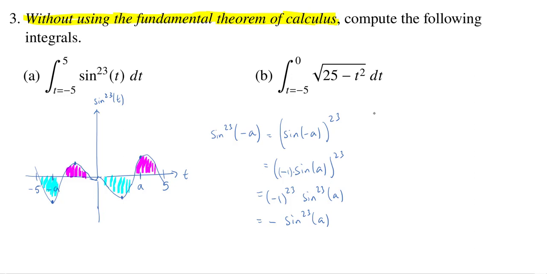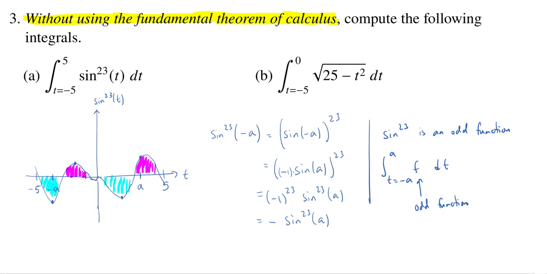The short way to express this is to say that sine to the 23rd power is an odd function. And we have a rule, which is that if you go from, say, some -a to a, and this f is an odd function, then all of the accumulation before you get to 0 is going to cancel with the accumulation after you get to 0. So this is going to equal 0. And so without computing any antiderivatives, we know the area or accumulation of this function is 0.